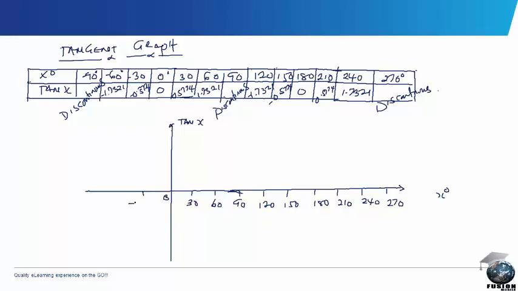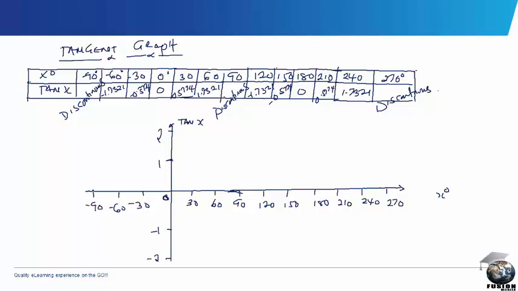On the left hand side you have minus 30, minus 60, and then minus 90. This is my zero region, and then at this point I have 1, because the maximum value there is 1.7, and then at this point I have 2, and for this I have minus 1 and minus 2.